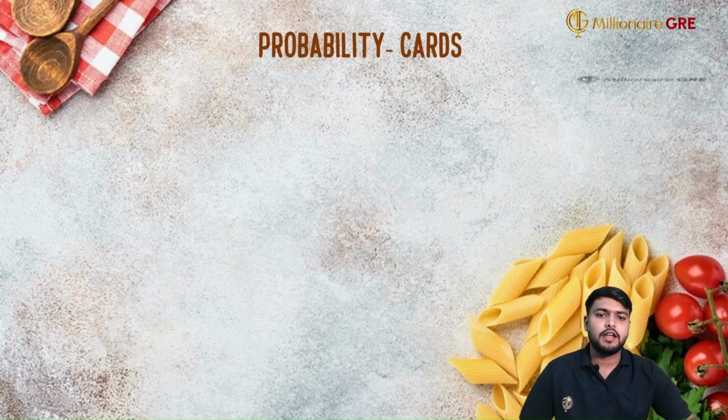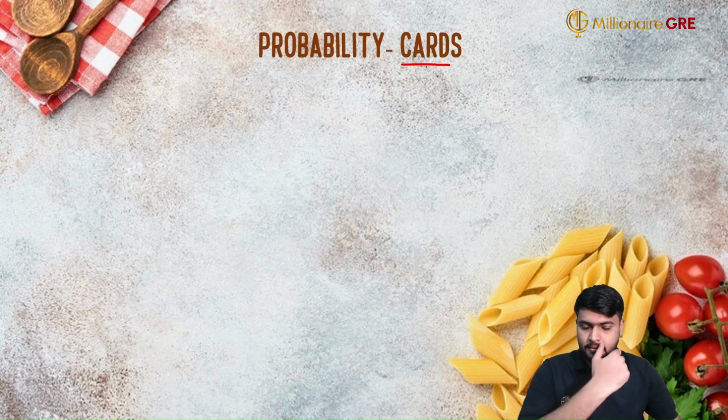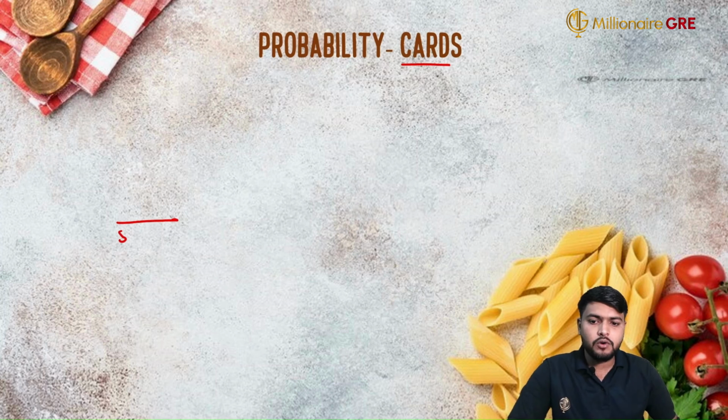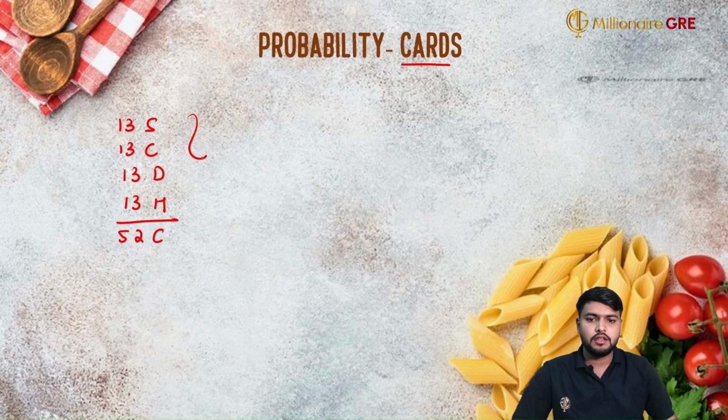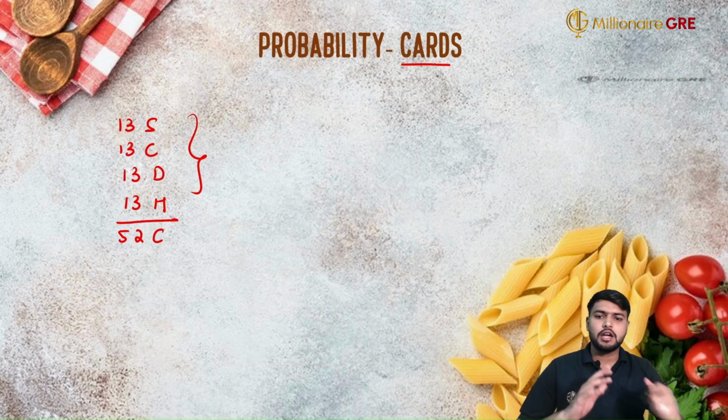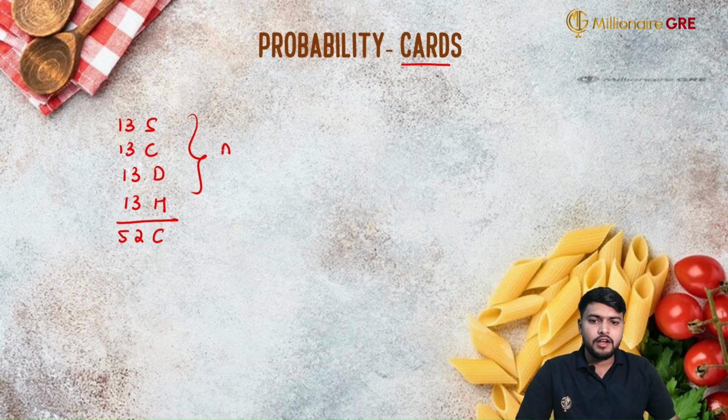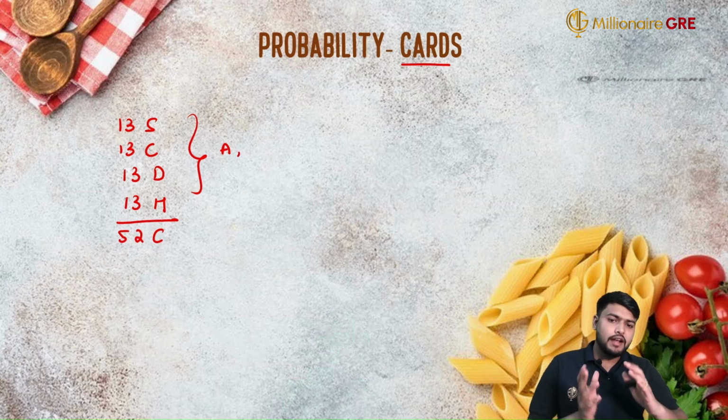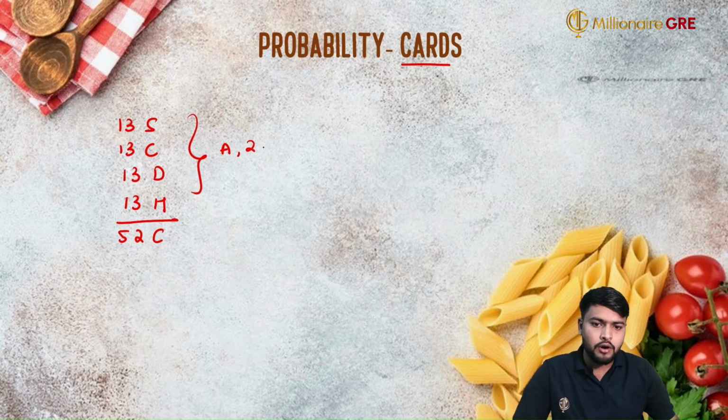Now let's further explore this chapter through cards. In a deck, there are 52 cards in total, out of which 13 are spades, 13 clubs, 13 diamonds, and 13 hearts. Each of these 13 cards has one ace, and there are 9 cards numbered from 2 to 10.